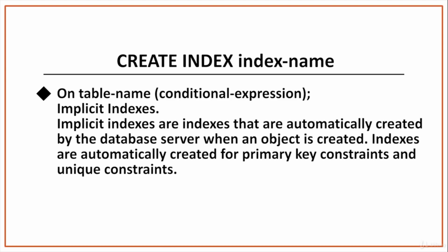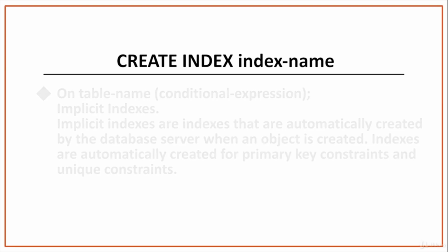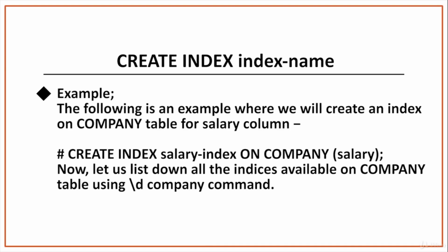Implicit indexes are indexes that are automatically created by the database server when an object is created. Indexes are automatically created for primary key constraints and unique constraints. The following is an example where we will create an index on the company table for the salary column: CREATE INDEX salary_index ON company (salary).